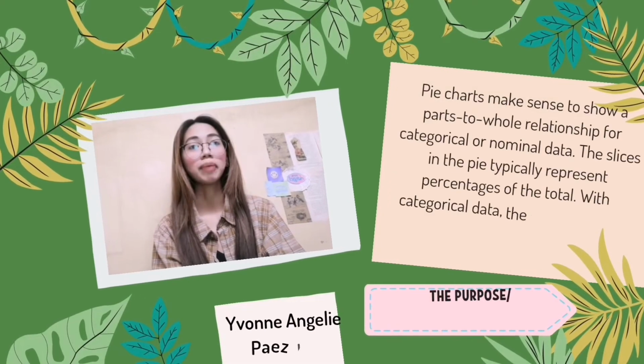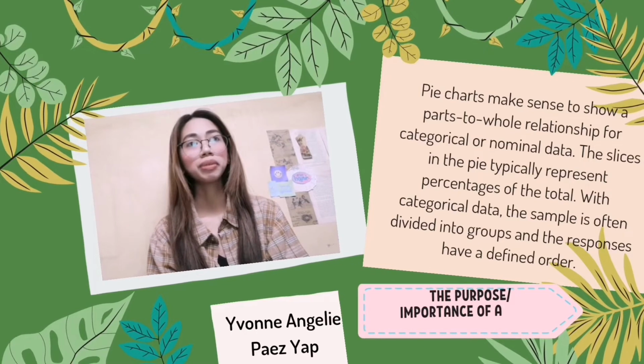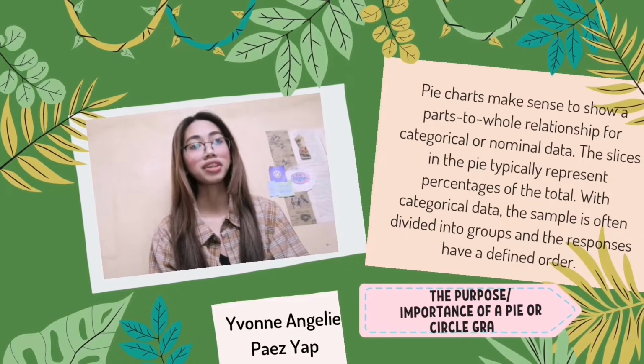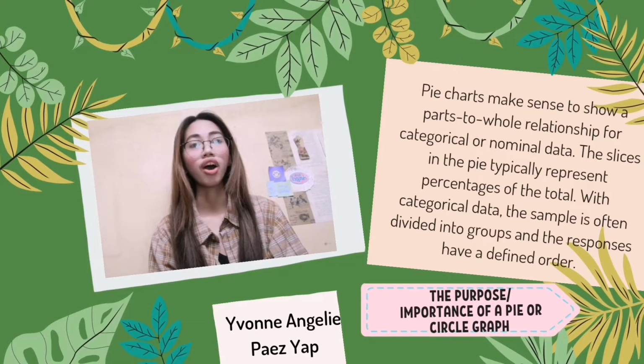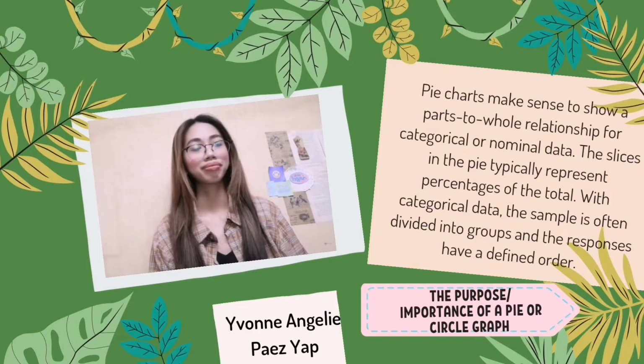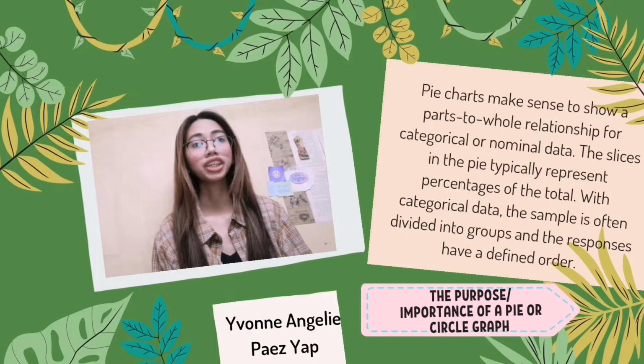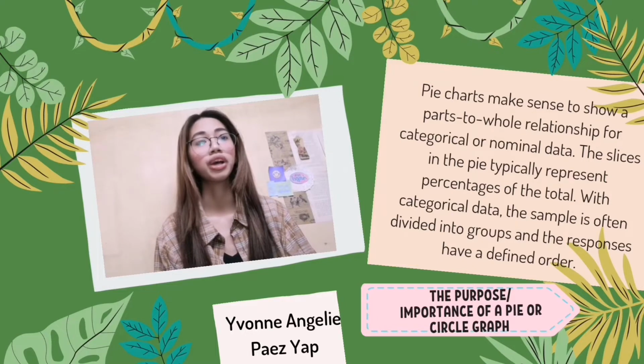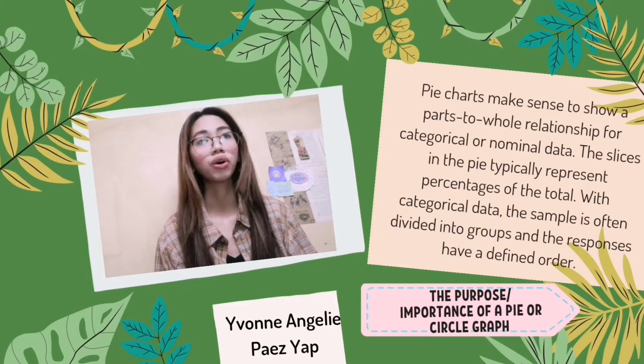Hi, I'm Yvonne Angelia, and I will be discussing the purpose and importance of a pie chart or a circle graph. The purpose of a pie chart is to show a parts-to-whole relationship of categorical or nominal data.